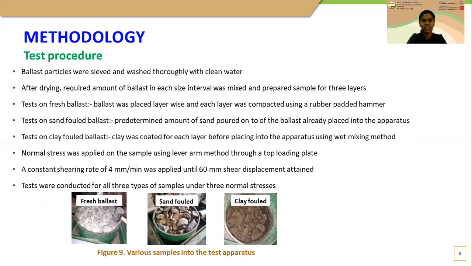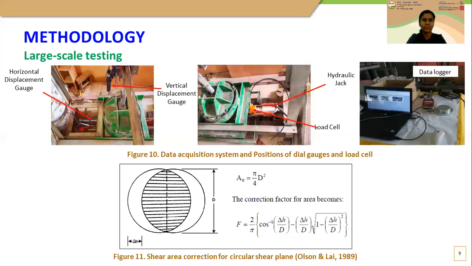For the tests on clay fouled ballast, clay was coated on each layer before placing into the apparatus using the wet mixing method. Normal stress was applied on the sample using a lever arm system as shown in the figure previously. A constant shearing rate of 4 mm per minute was applied until 60 mm shear displacement was attained.